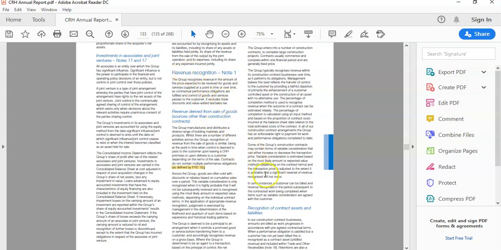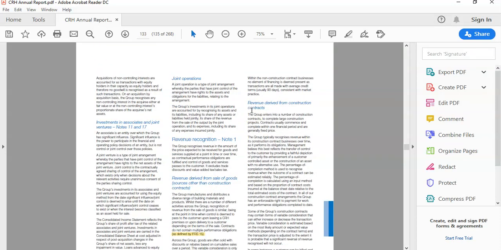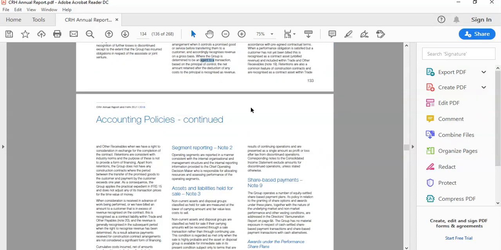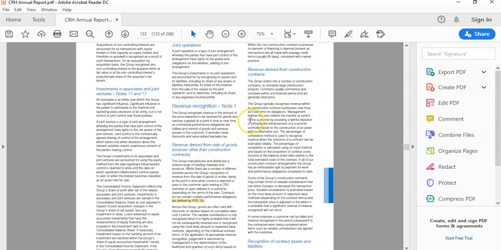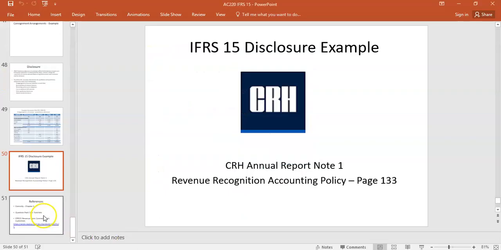You can look at a narrative form talking about variable consideration, and whether it's a principal arrangement or an agent relationship. All of the stuff you cover in your lectures is readily applicable. It's just a matter of finding good real world examples to link it back in. So have a look at note page 133, and have a look at note 1 as well in terms of revenue, giving you some practical examples.